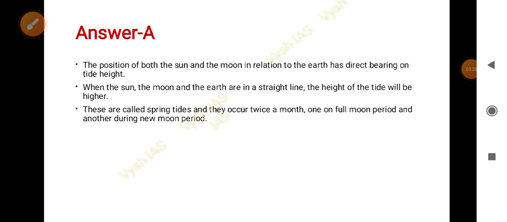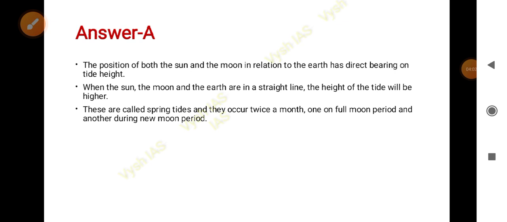It's option A. The position of the sun and moon in relation to the earth has to be in a straight line. Actually this position of the sun and moon in relation to earth is directly related to the height of the tides in the oceans and water bodies.